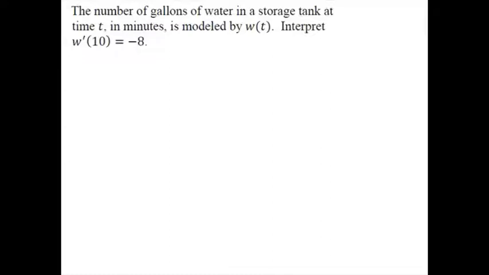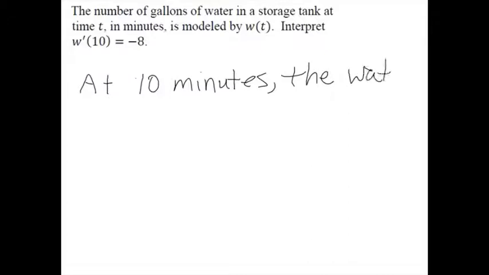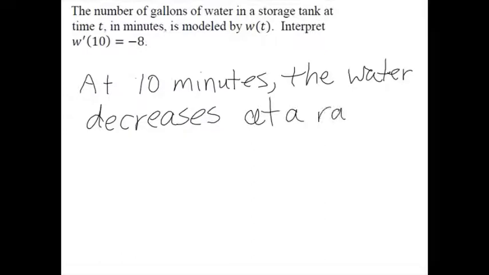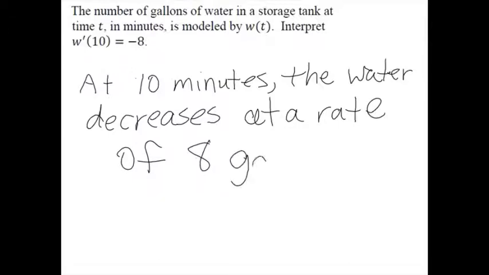So using our sentence frame, they would say at 10 minutes, because that's what t is, the water decreases. And the reason it decreases is because -8 is negative, at a rate of 8 gallons per minute.